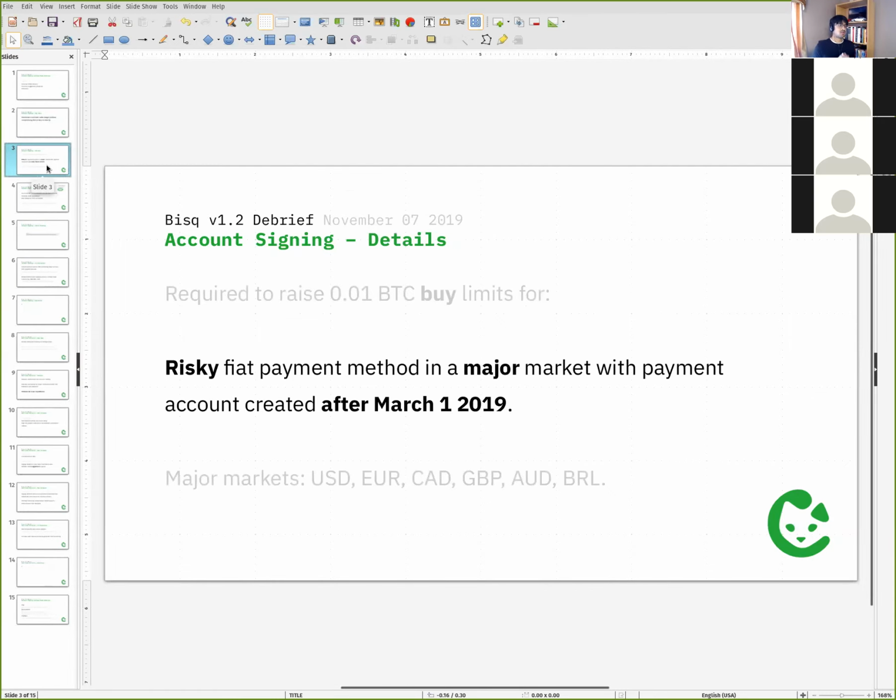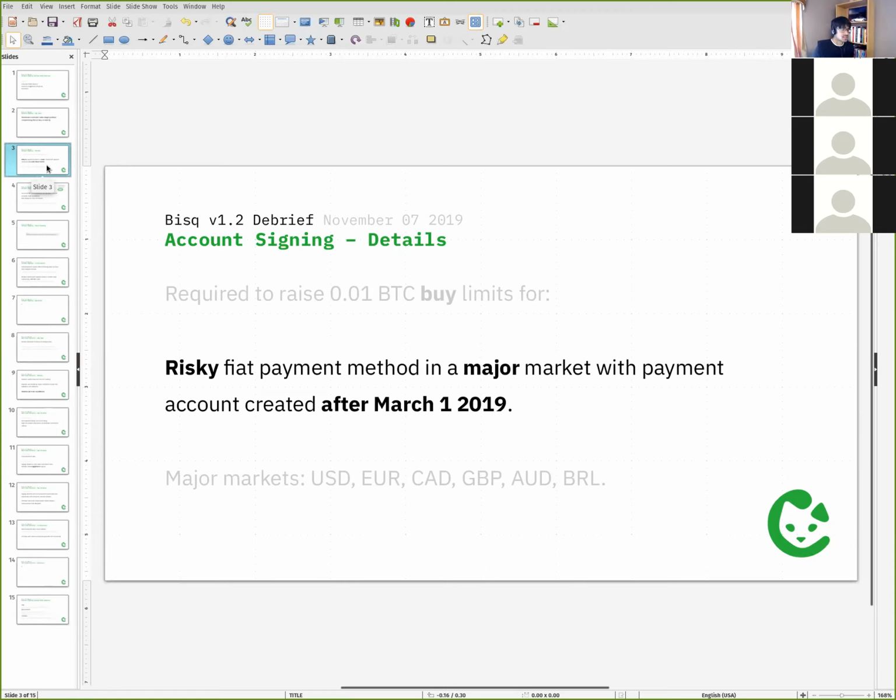The way we do that with the new release is if you're trading with a risky fiat payment method in a major market with a payment account created after March 1st of 2019, you must have your payment account signed by a user with another signed payment account in order to have your 0.01 Bitcoin buy limits lifted.